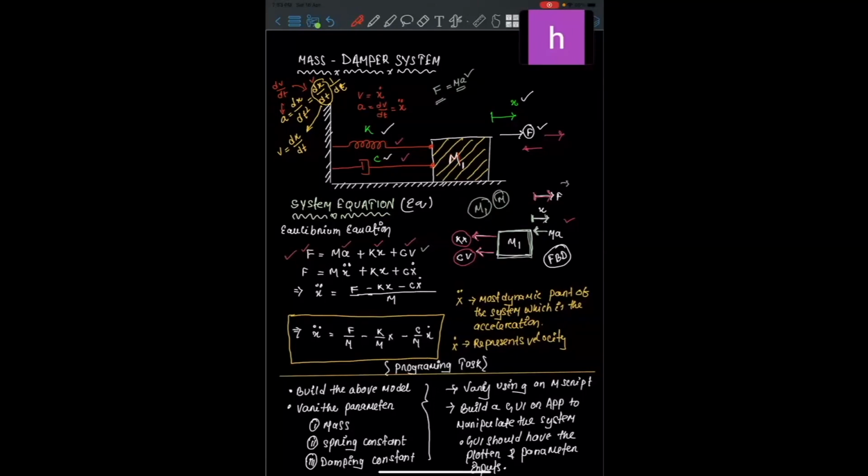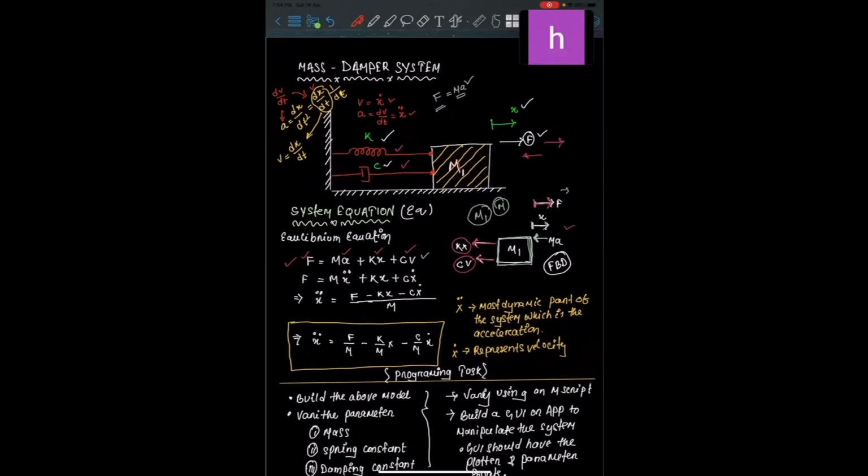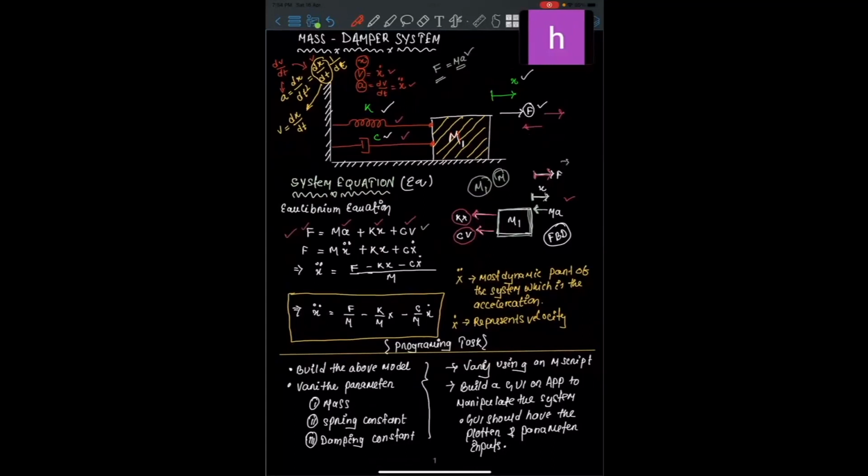This means a is represented with the help of x double dot, and v is represented with the help of a single dot. We already have x. If we know x, then we can know v, and then we can know a. So till this point it is clear.